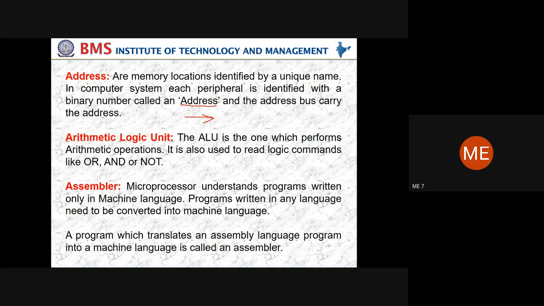That means if I want to write something onto a particular memory location, this location has an address, and this address is sent through the address bus. I'll check this address, and whenever it matches any of the locations, that location will be kept open for reading or for writing. That is how the addresses are used.